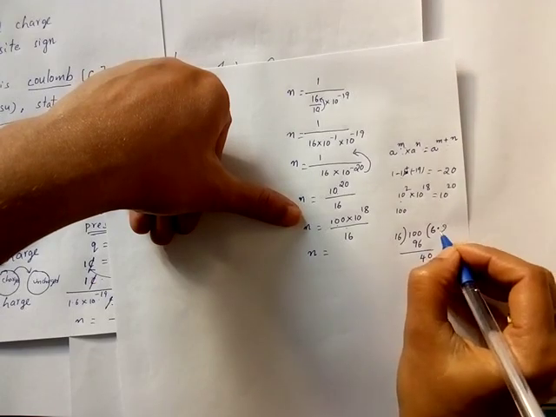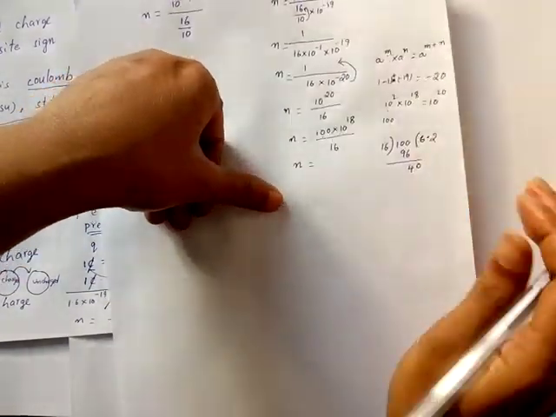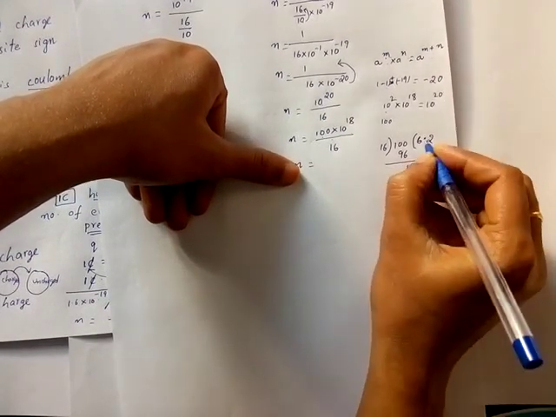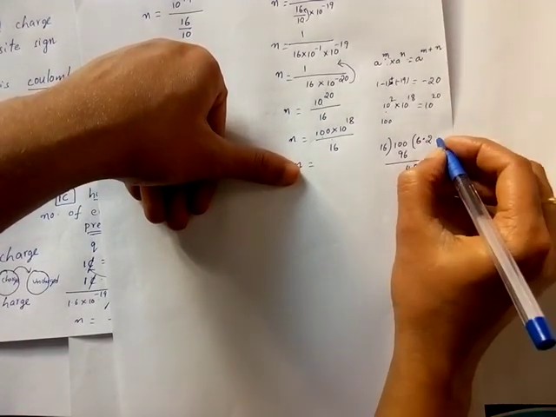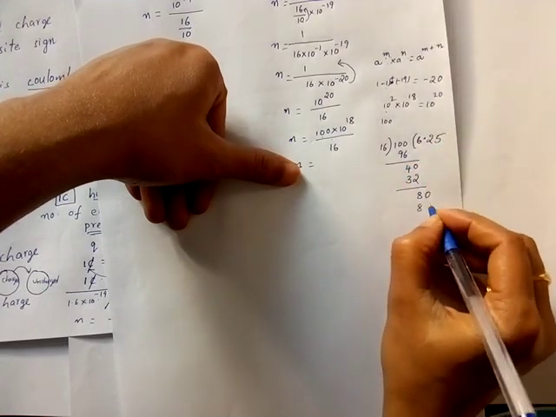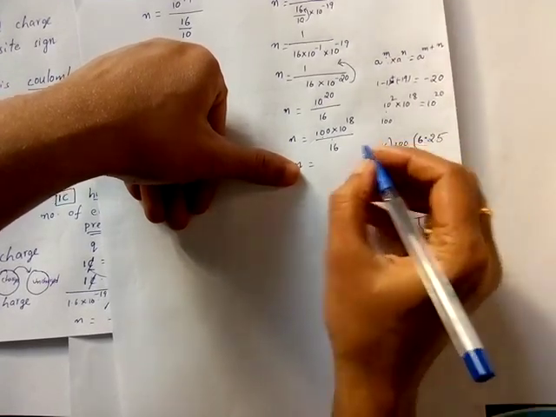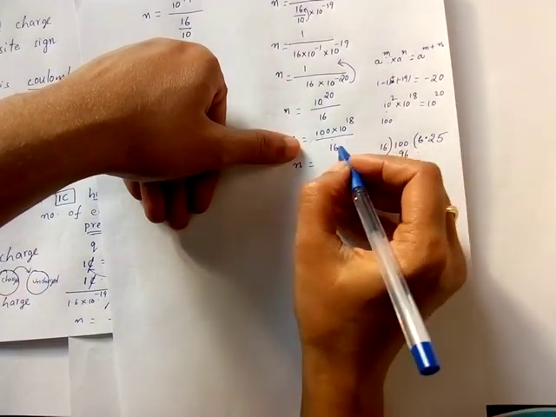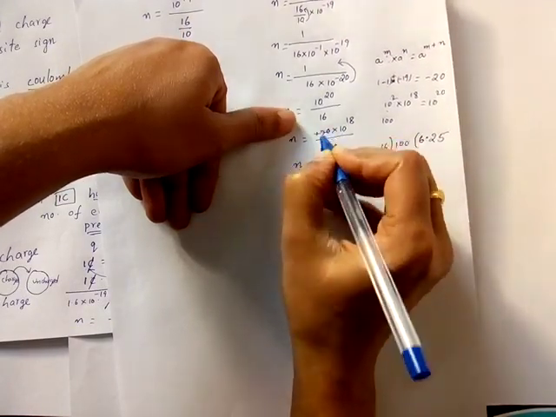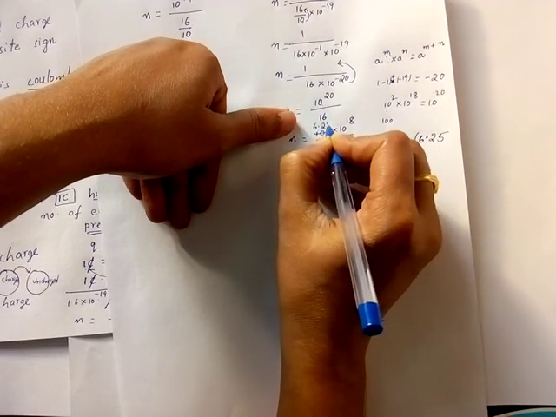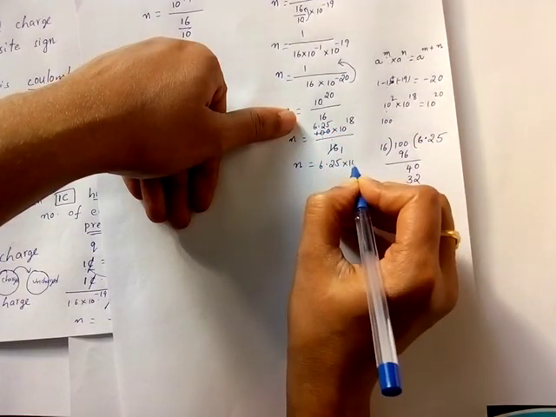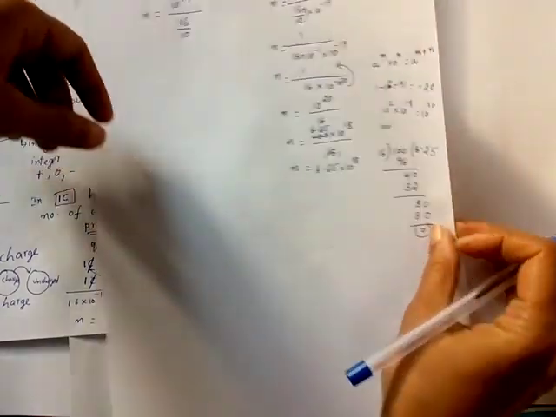So 16 2s are 32. 8. So point is there already, so I can take 0. 16 5s are 80. So 100 you can cancel with 16. 16 ones and 16 6.25. So n is equal to 6.25 into 10 to the power of 18.